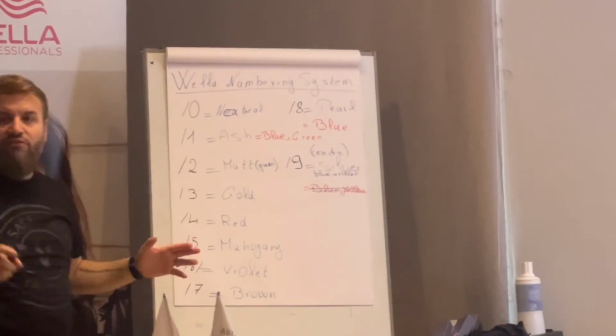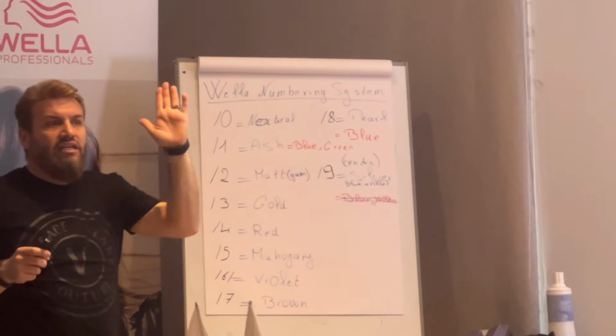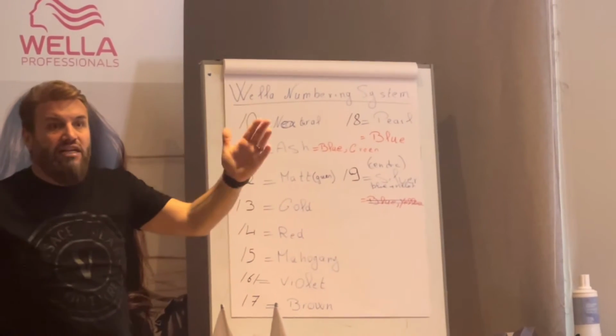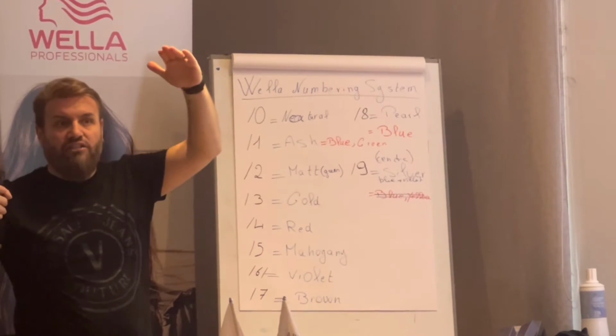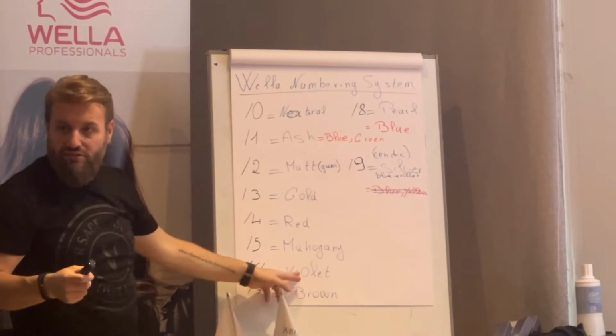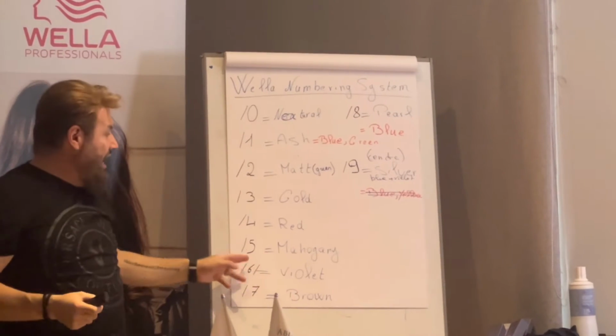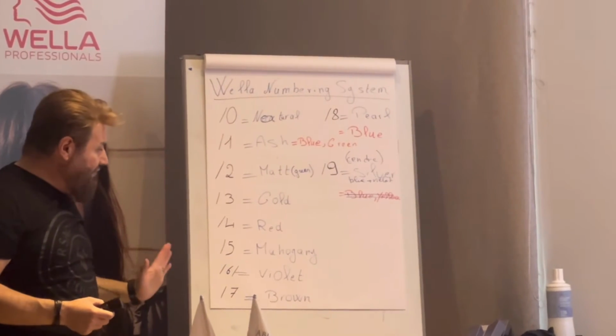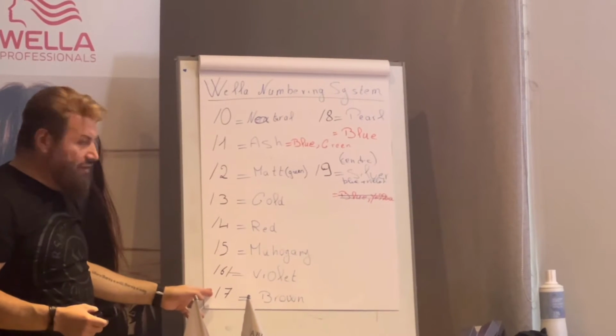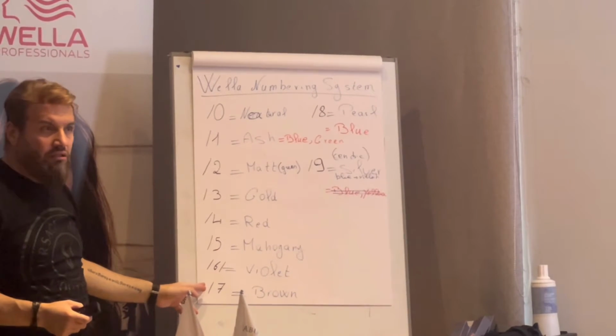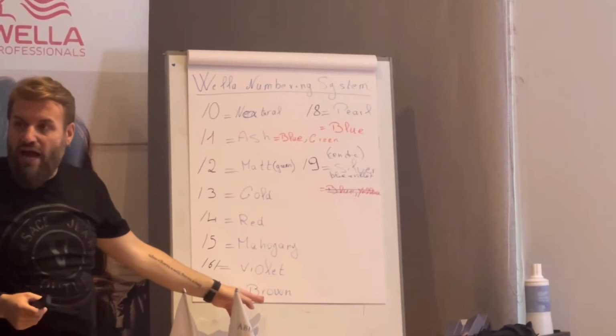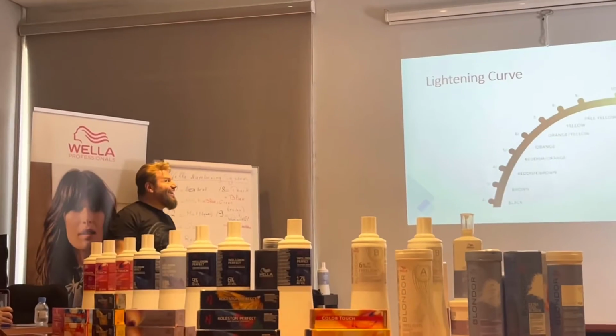So for example, if I tell you 9 stroke 6, what does it mean? The 9 is very light blonde, violet, because of stroke 6. If I tell you 7 stroke 7, the 7 before the stroke is medium blonde, the 7 after the stroke is brown. Okay?